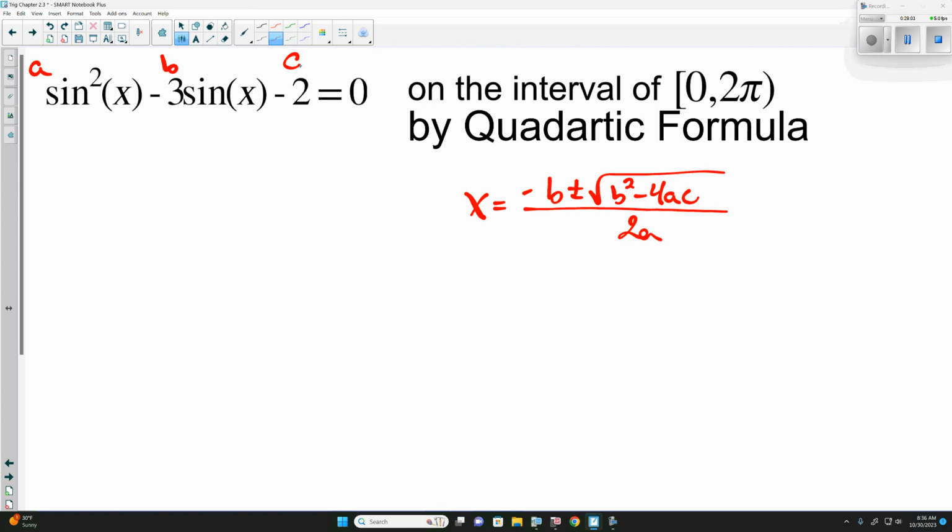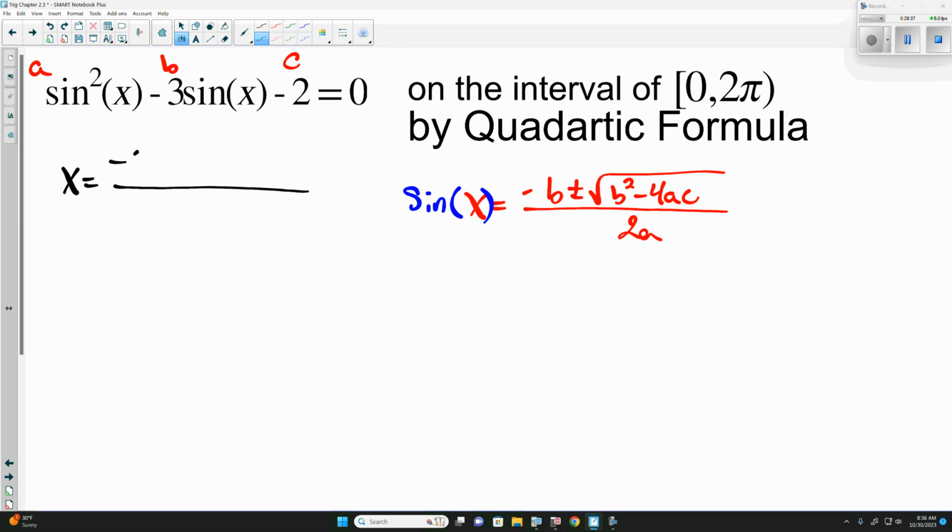And all we've got to do is modify this equation one little bit, and we can use it. Essentially, we're using u substitution, substituting sine of x with, well, x to work with this equation. But it still works, and it is helpful because, as we'll see, this doesn't factor.